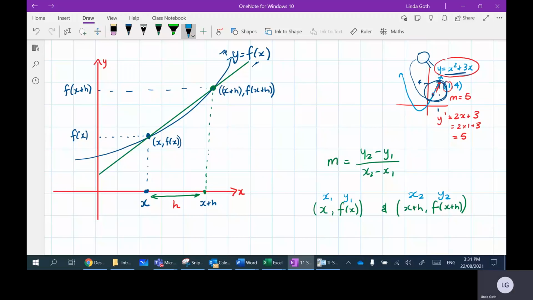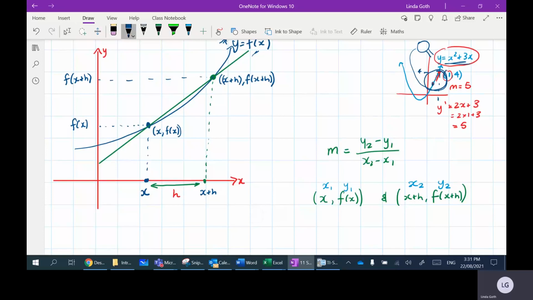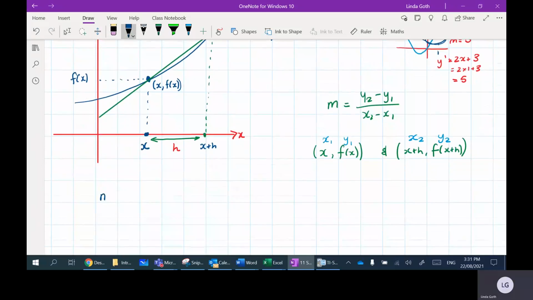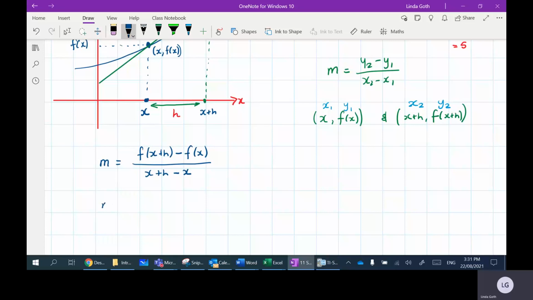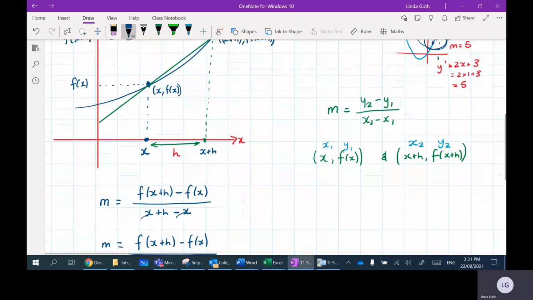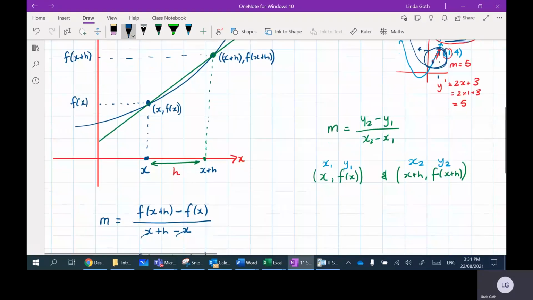So what's the gradient going to look like? Let's work it out down below here. m is going to be equal to f of x plus h minus f of x over x plus h minus x. That tidies up a little bit, doesn't it? I could say that m is equal to f of x plus h minus f of x all over h. So these x's cancel out. Alright, so I've now found the gradient of that green line.